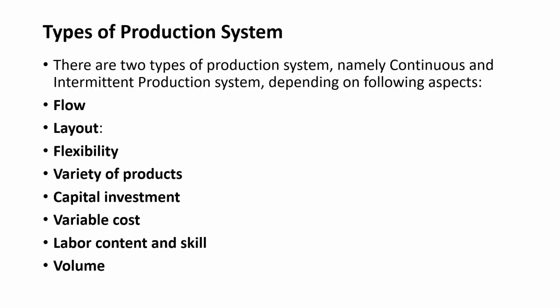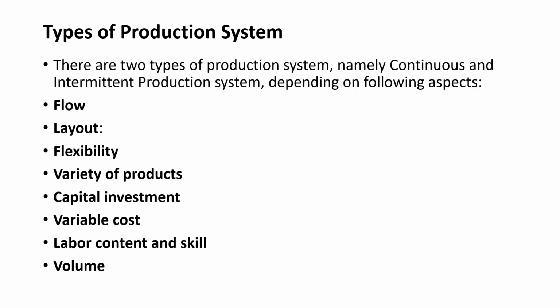Fourth is variety of products. In case of process layout, we have seen that variety of products is high, many, but in case of product layout, the variety of product is one or few, maybe two or three. So maybe a maximum of two or three products may be produced using the same product line, right?